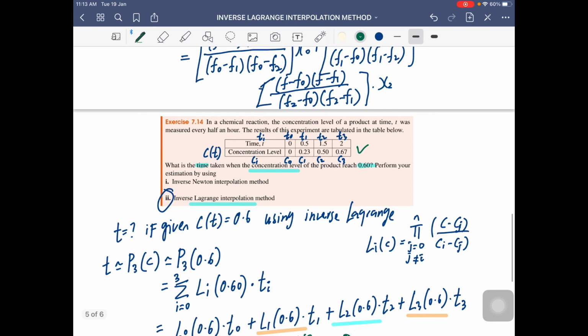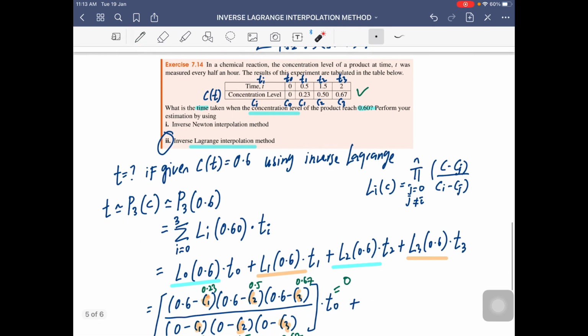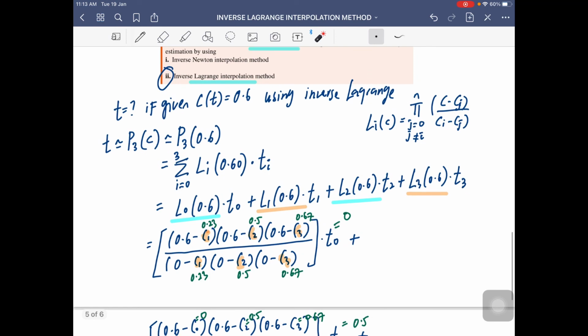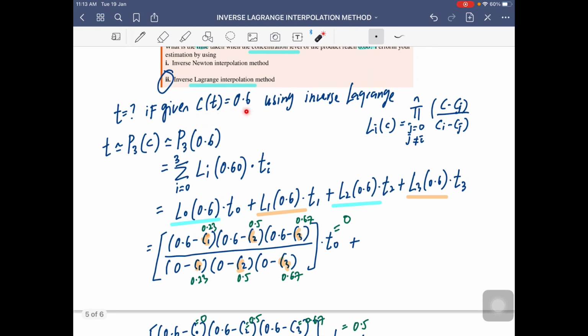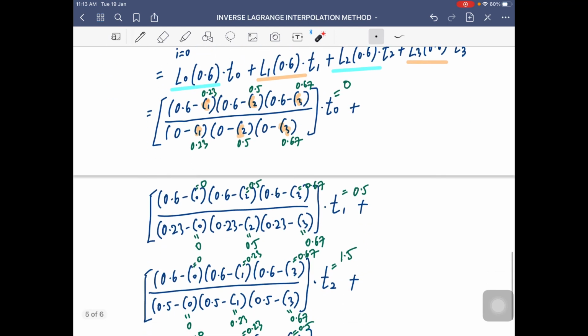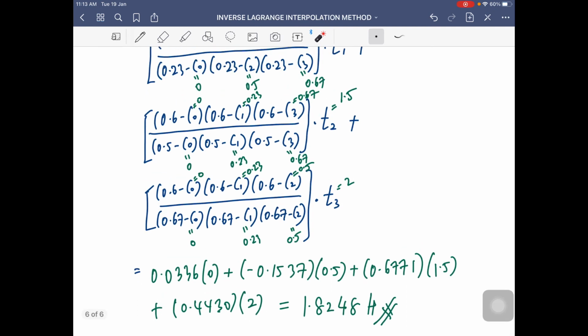So it means that by using inverse Lagrange, for concentration 0.6, we obtain our estimated time. The concentration 0.6 can be reached at t about 1.8248 hour, or 1.82 hour.